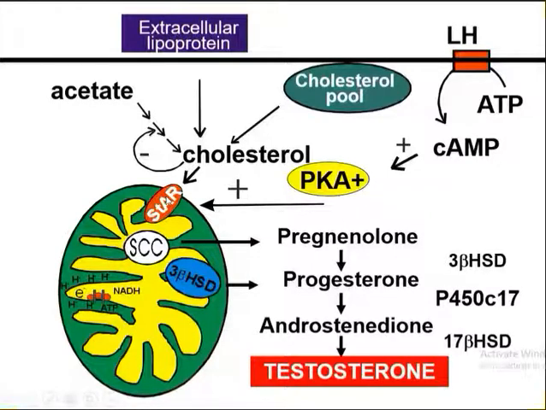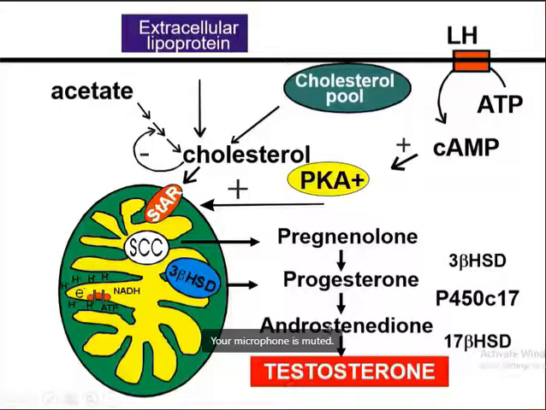Then LH goes inside. Cyclic AMP is needed. Protein kinase A regulates this, and then pregnenolone, progesterone, androstenedione, and testosterone. Okay, this is how testosterone is synthesized in the testis.